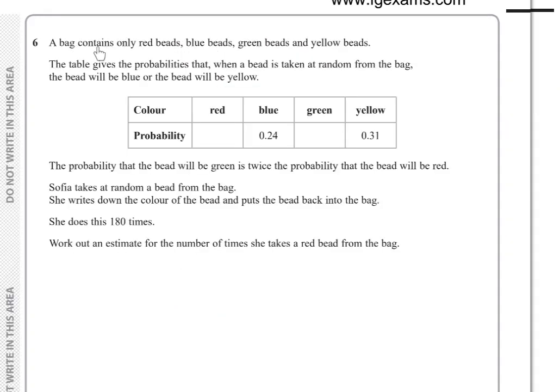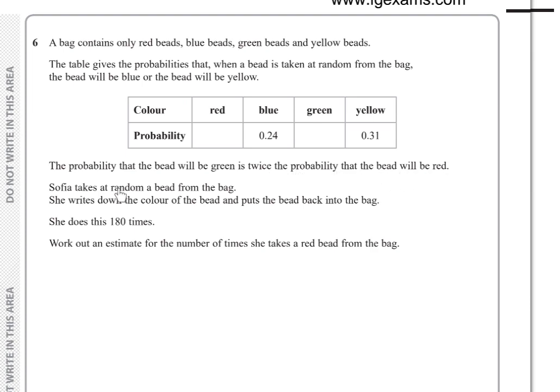Number 6, a bag contains only red beads, blue beads, green beads, and yellow beads. The table gives the probability that when a bead is taken at random from the bag, the bead will be blue or the bead will be yellow. The probability that the bead will be green is twice the probability that the bead will be red.